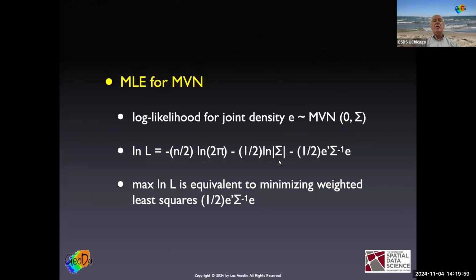This is the log of a determinant of your full variance covariance matrix. And this is just 2 pi. One thing with software is that it isn't always clear, when they report the log likelihood result, whether or not they include this 2 pi term.